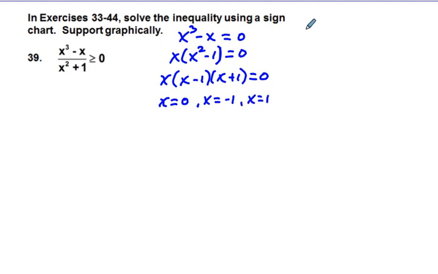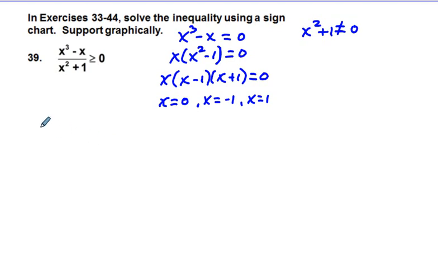Now for our denominator, x squared plus 1 equals 0. x squared plus 1 is never equal to 0. And we saw this, I think, earlier on problem 33, where we didn't have any kind of critical number from the denominator.